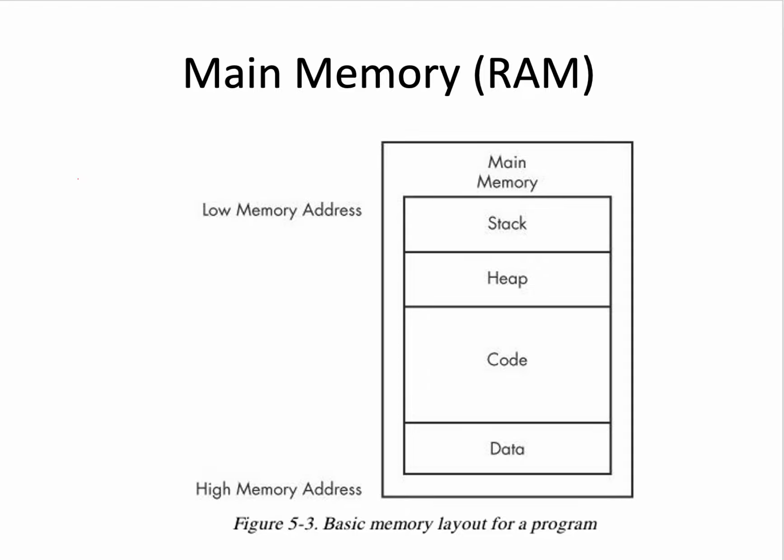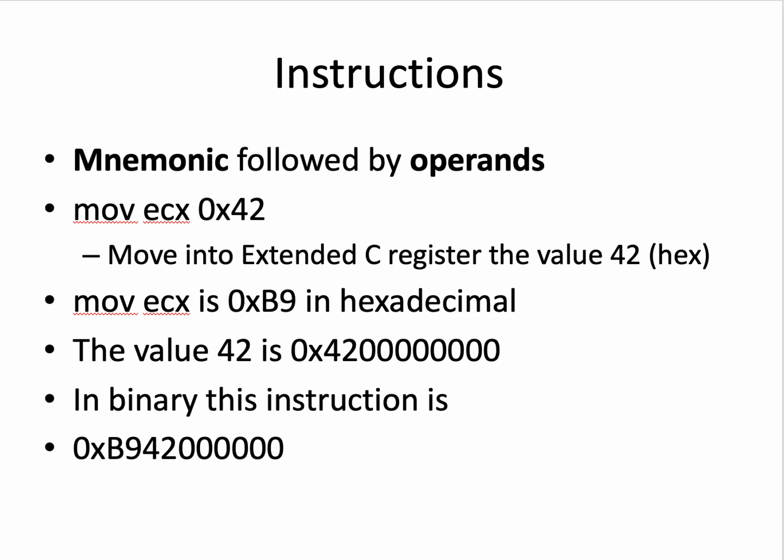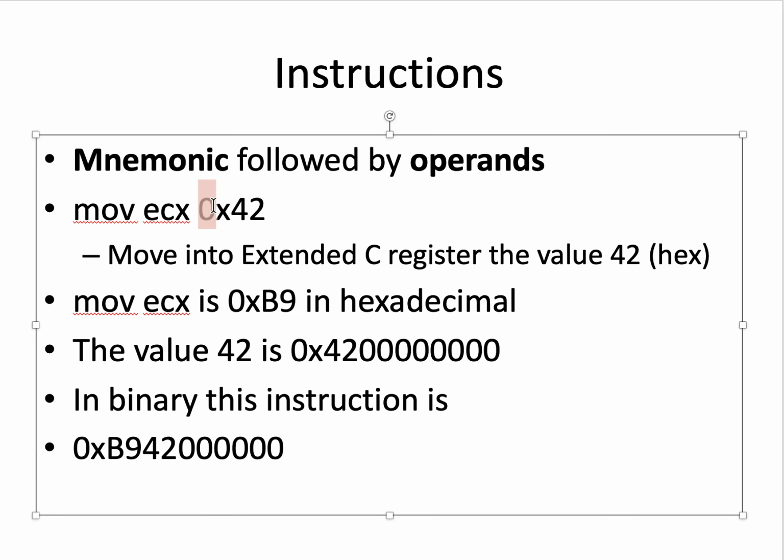Anyways, let's take a look at instructions. An instruction is what we call a mnemonic followed by an operand. Take a look at this. Here is move. So in other words, it's going to move the value of 42 into the ECX storage. Okay, and we have move ECX is 0xB9 in hexadecimal.